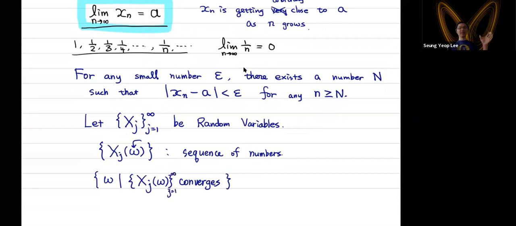So depending on the omega, you get a different sequence of numbers, right? So consider all the omega such that this sequence has a limit, which means it converges. So that's the same thing as has a limit. So collect all such omega.